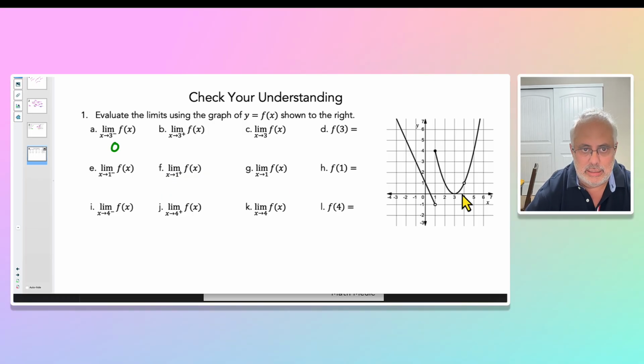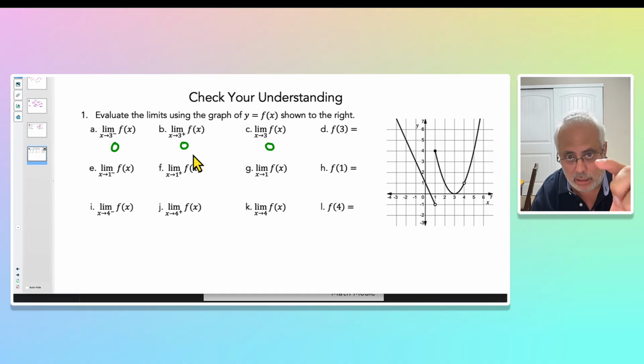From the right, the limit is 0. So the limit when the function f approaches x equal 3 exists and is equal to 0 because the two side limits are equal.